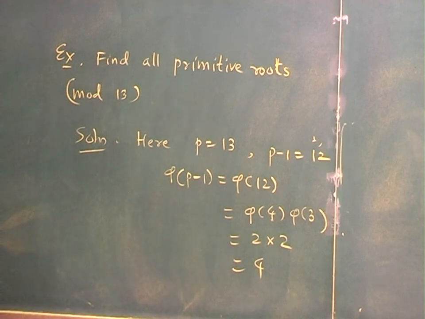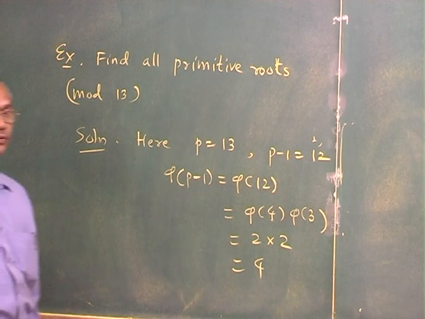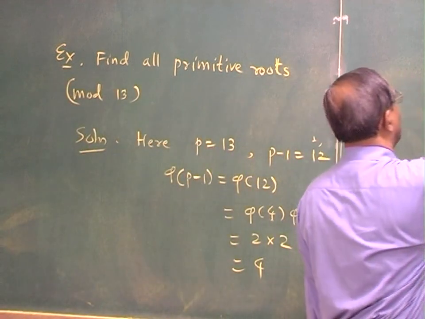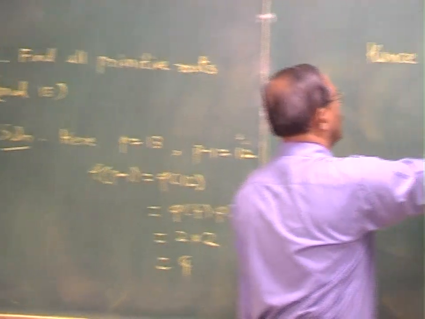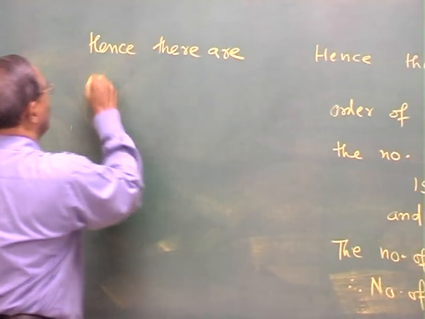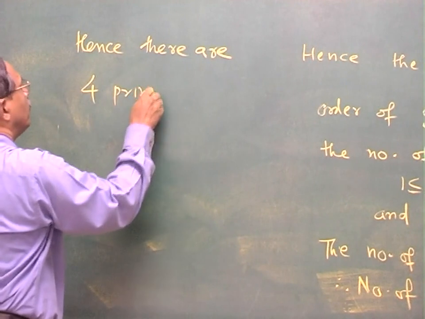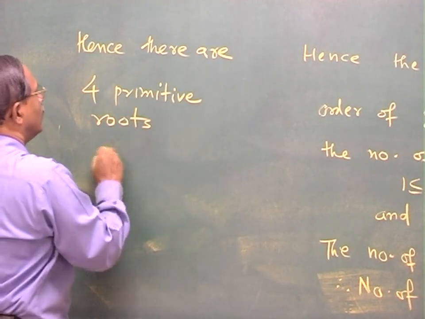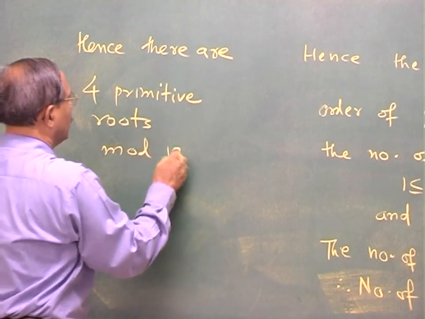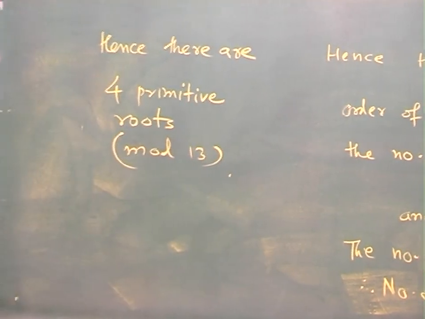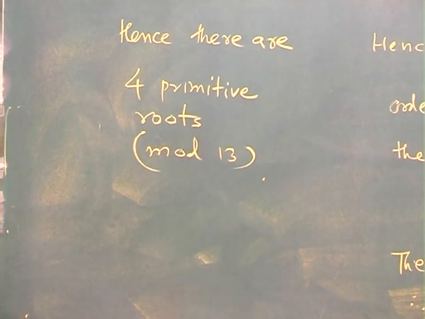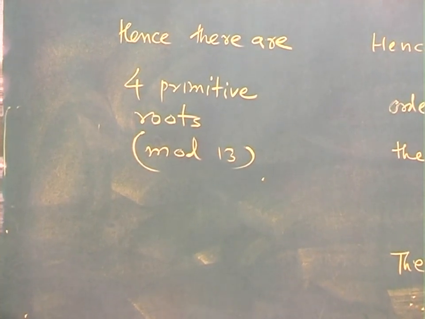So there are going to be 4 primitive roots mod 13. You should find at least one, and from that you find others.